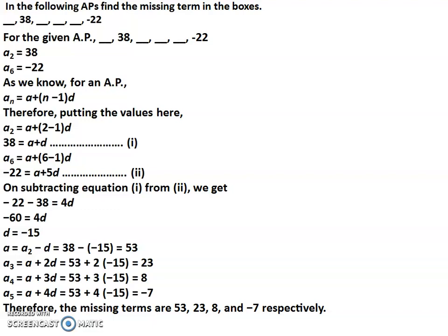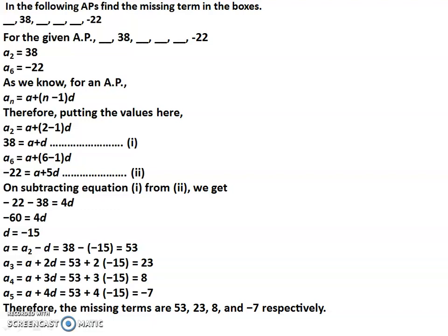Here you should know how to solve linear equations in 2 variables. Any method you have learned, substitution method, elimination method, any method you can use, but you should know how to solve linear equations in 2 variables.